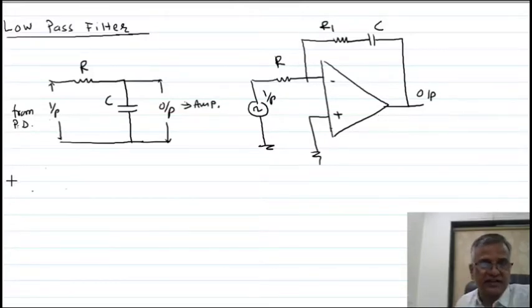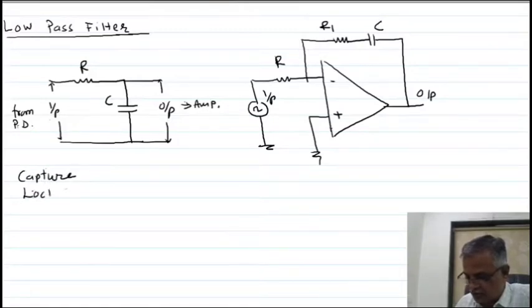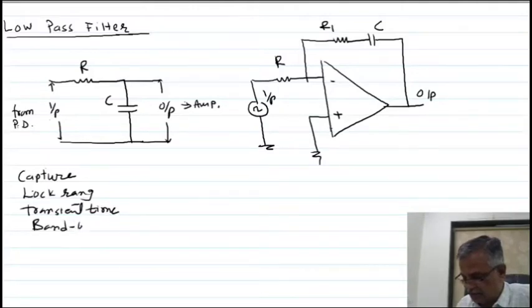The dynamic characteristics of the PLL include capture range, lock range, transient time, and bandwidth of the filter circuit.